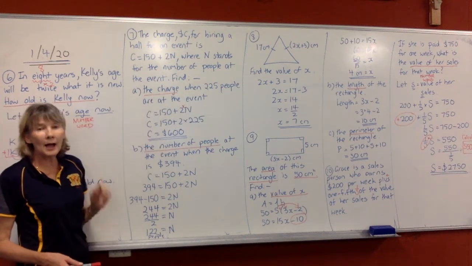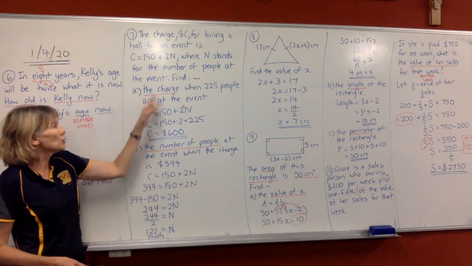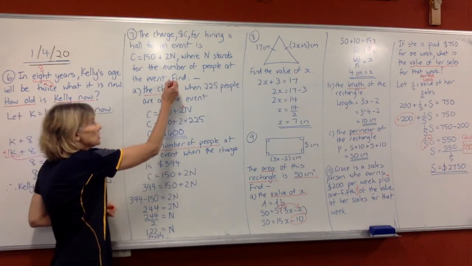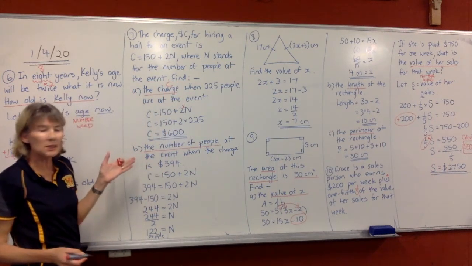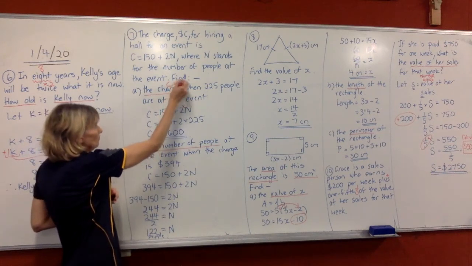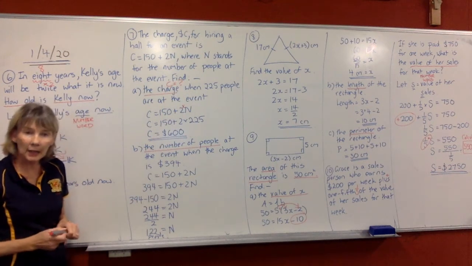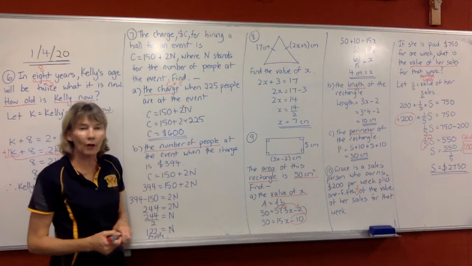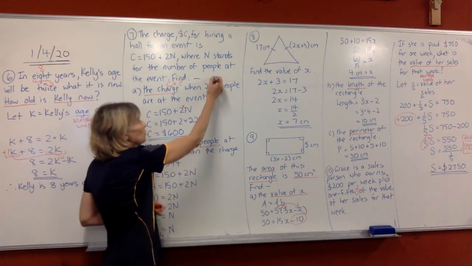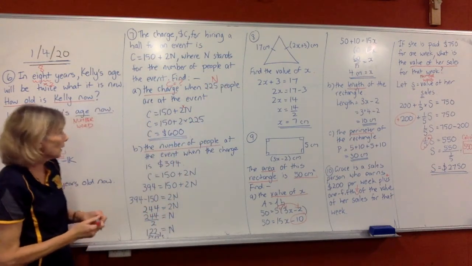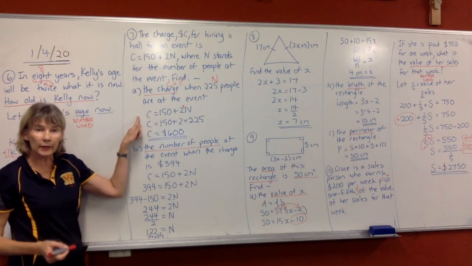Okay, so the question asks in part A, find the charge. The charge is C, so we have to find out what C is. They are telling you that there are 225 people at the event. That is what N is. So we're always going to copy an equation down if they give it to us.